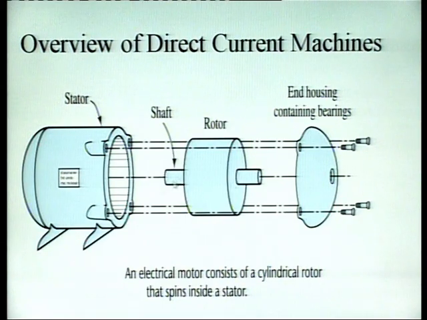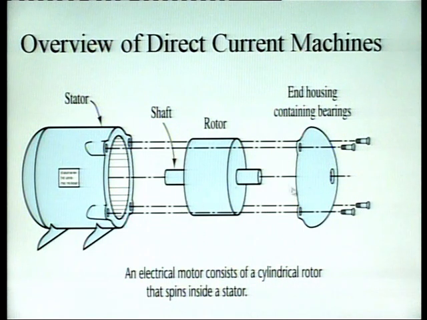So, these are the basic parts of DC machines. It basically consists of two parts, first is the stator and second is the rotor. In the figure you can see the stator, the rotor, and the shaft on which the rotor is mounted, and this is the end housing containing the bearing.